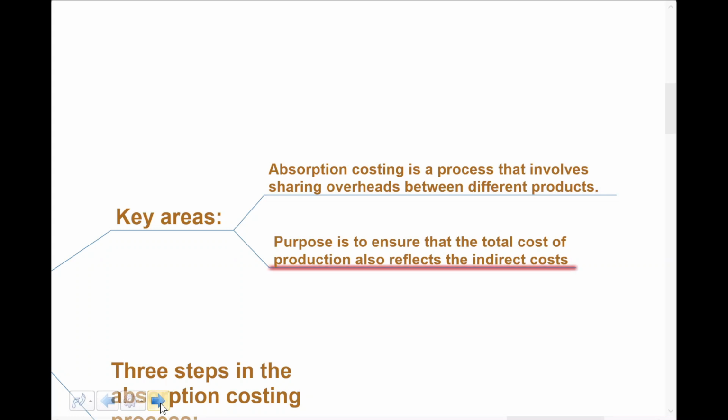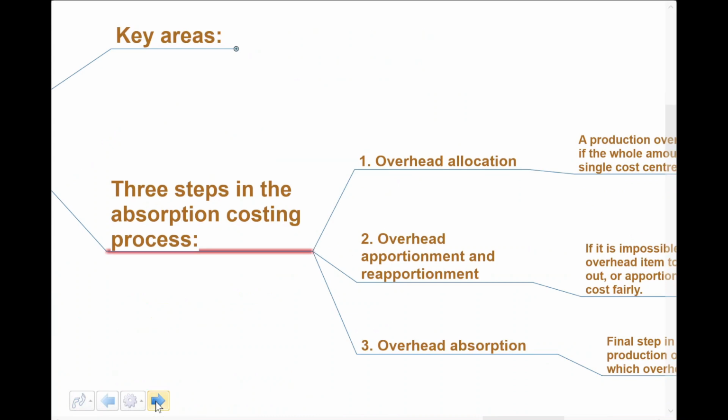Well, pretty similar to the purpose of most costing techniques, but let's be specific here. It's to ensure that the total cost of production also reflects the indirect costs. In other words, what we're trying to do is to absorb into different products some areas of expenditure, of expenses that aren't, strictly speaking, direct, or they weren't easy to establish. They're more overhead based. Okay? So that's the sort of intro to absorption costing.